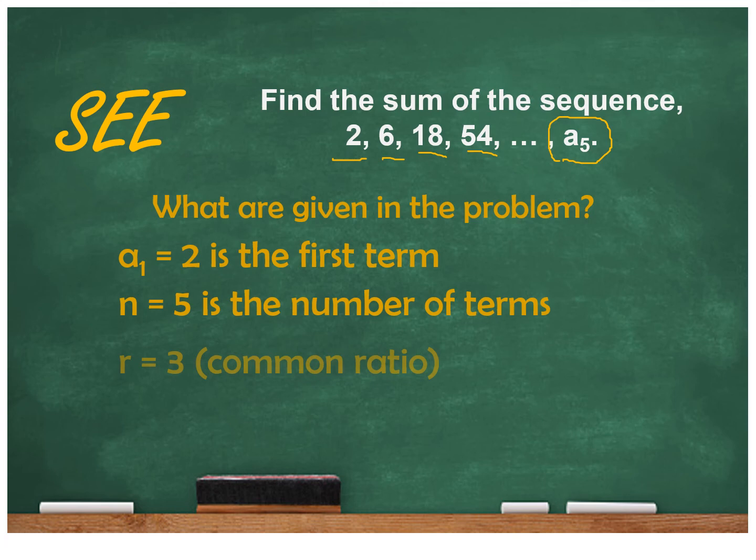Trying the second one, geometric sequence, or finding the common ratio: 6 divided by 2 is 3, and 18 divided by 6 is 3. Also, 54 divided by 18 gives us 3. So that's why we have this common ratio as 3.